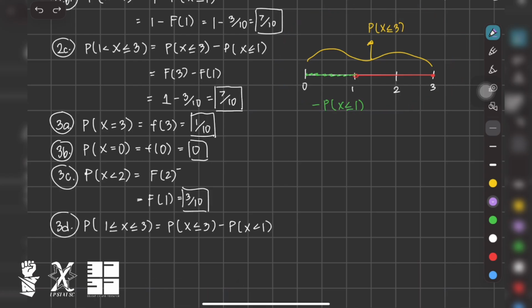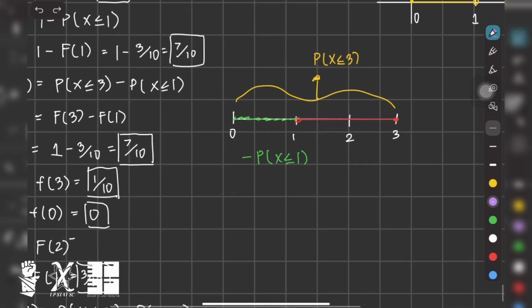Now, the constraint here is at least 1. If it's at least 1, then instead of the whole red part here, we are now taking the part from 1 to 3.